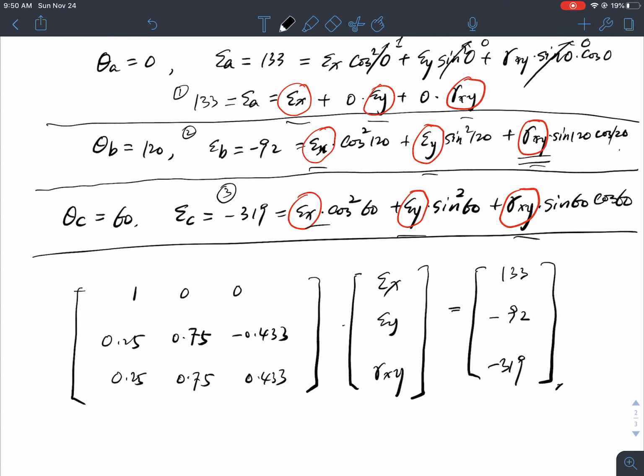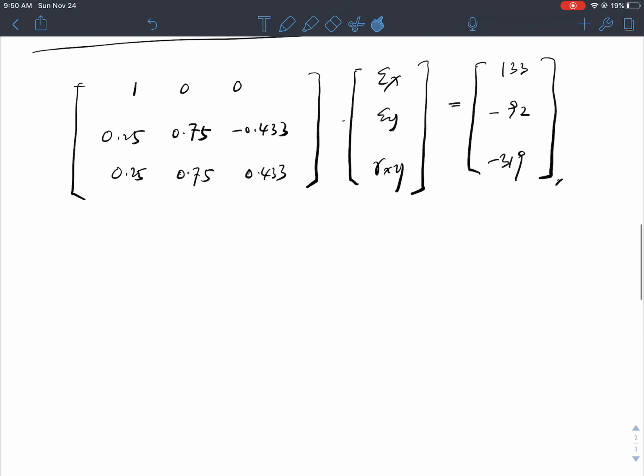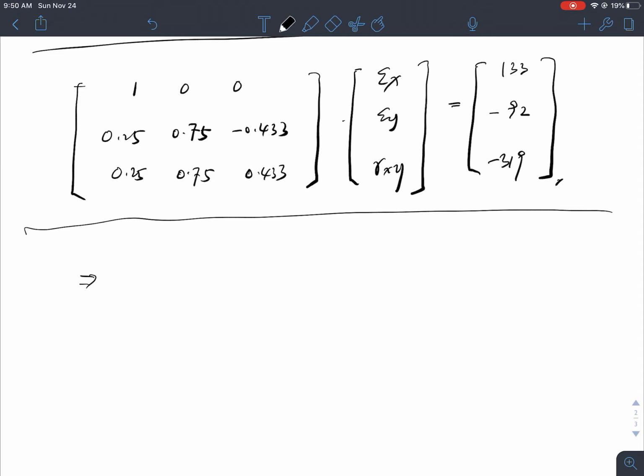That's it. Okay, then you can do the calculation of this equation, and then jump to the conclusion that now epsilon x equal to 133, epsilon y equal to minus 318, and then gamma xy equal to minus 262.